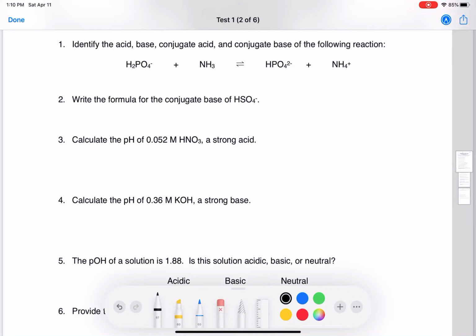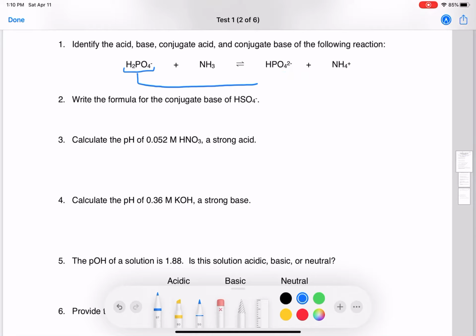The way that you would do this type of problem is you start with whatever is first. So I'm starting with H2PO4. Then you follow it through the reaction and you look for the thing on the product side that most closely resembles H2PO4, just in terms of their molecular formula.